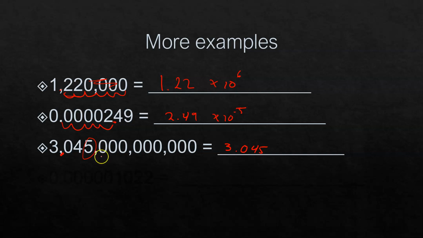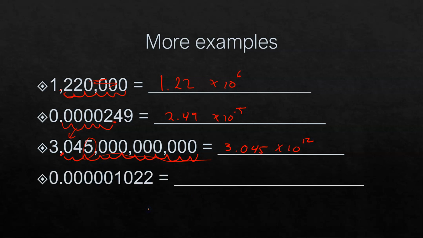And I'm not worried about the rest of those zeros, but I did need to include that zero right there because it's between non-zero numbers. Okay, so the decimal goes there and it's going to be times 10 to a positive exponent. 1, 2, 3, 4, 5, 6, 7, 8, 9, 10, 11, 12, 10 to the 12th.